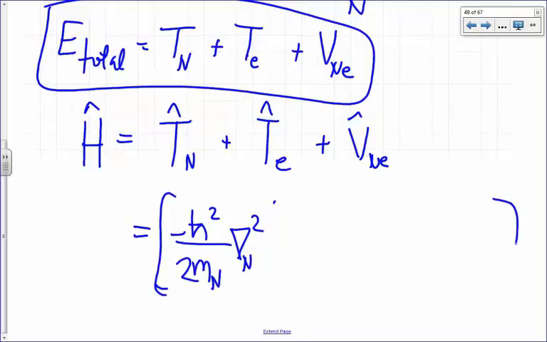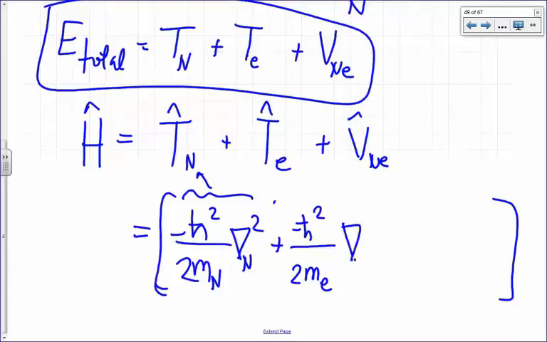What's the expression for the kinetic energy of the electron? Somebody call it out for me. Alex? Negative h bar squared over 2 times the mass of the electron, del squared, not delta, del squared for the electron, plus.